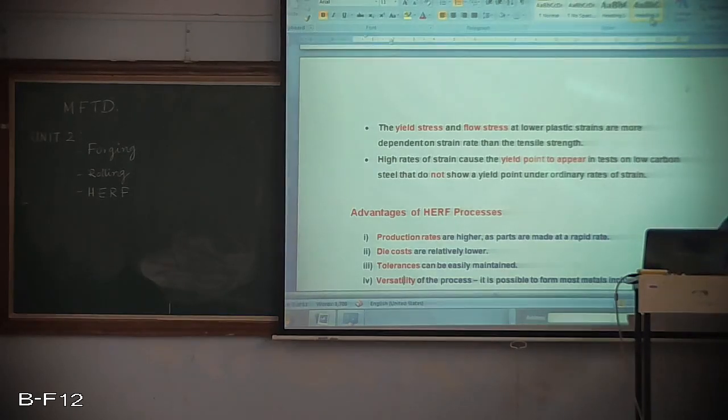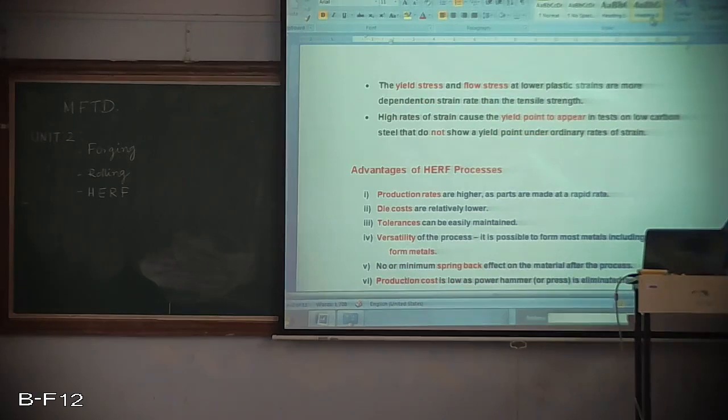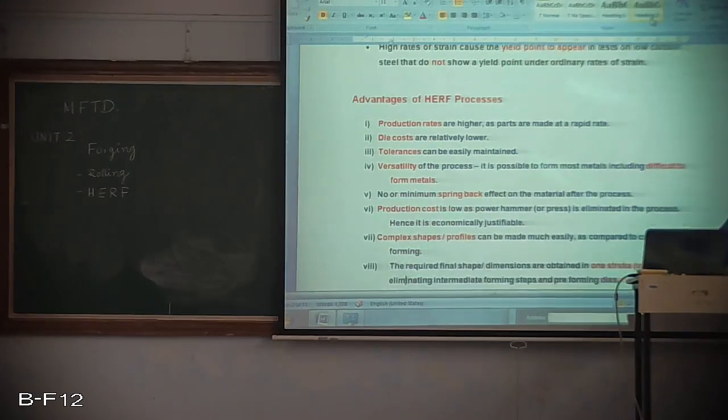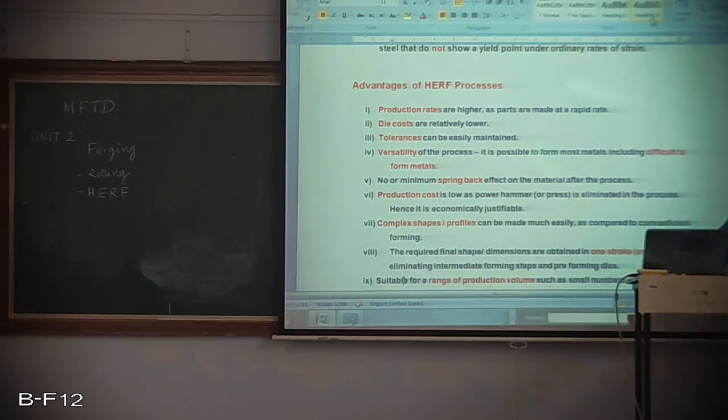So there are many advantages of HERF processes. So these are applicable for all of them. High production rates, because the rate of deformation itself is very, very large, and die costs are lower.